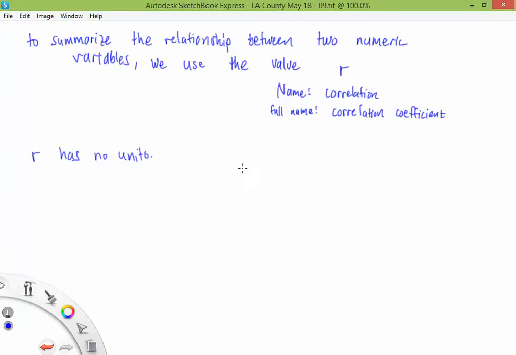So the units matter. Mean, median, range have units. R has no units.